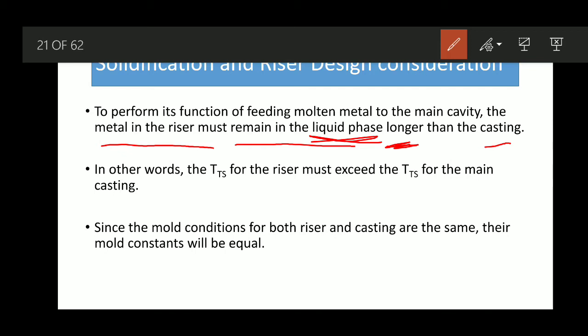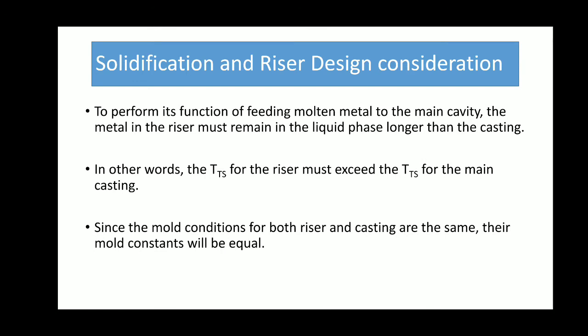So our main point is, in other words, the total solidification time for the riser must exceed the total solidification time for the main casting. Sometimes in some competitive exams this kind of problem is asked, where from the geometry, Cm will be generally provided, that is the mold constant, V, the volume of the casting, as well as A, the surface area.